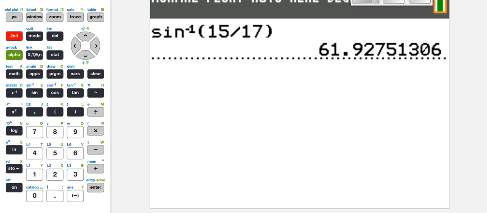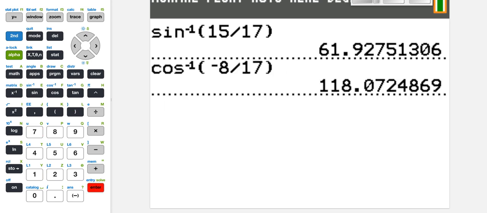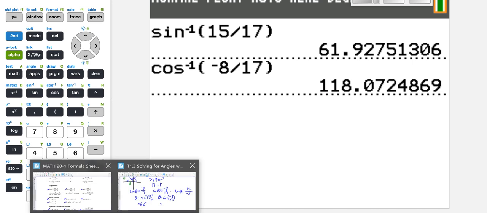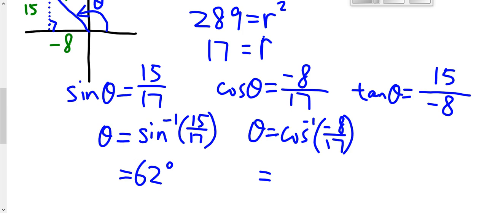Inverse cos, and then we have -8 divided by 17, close bracket, enter. Once again, we are rounding it to the nearest degree. So that gives you 118 degrees. Now I hope you can finish this by yourself.